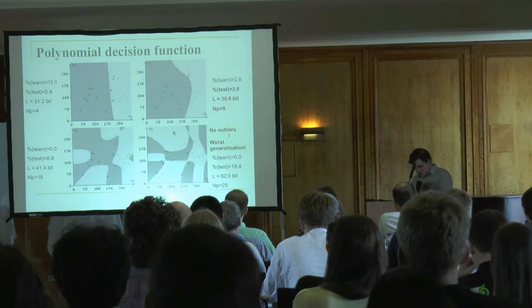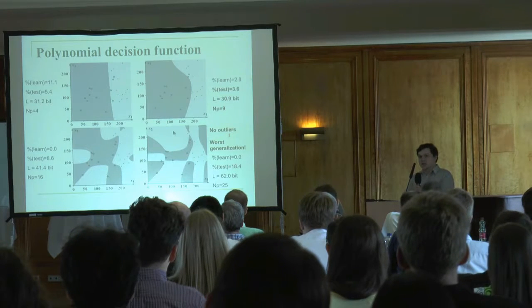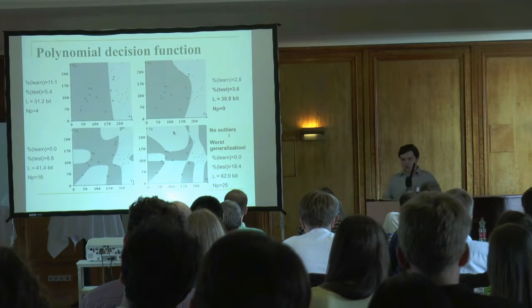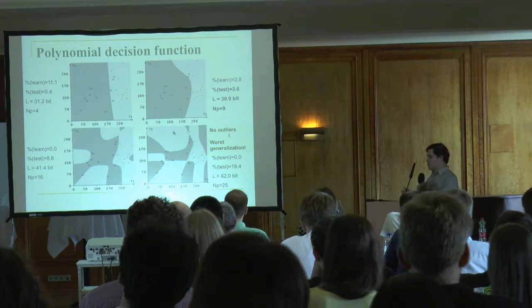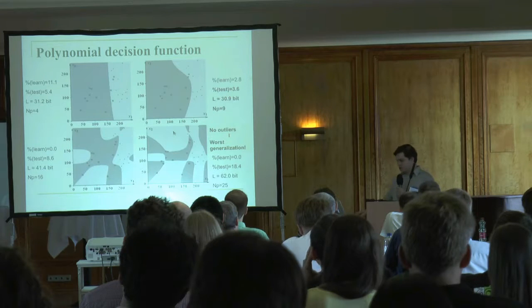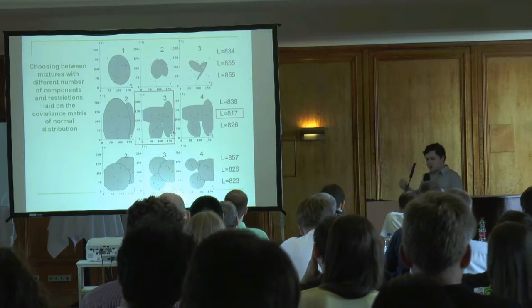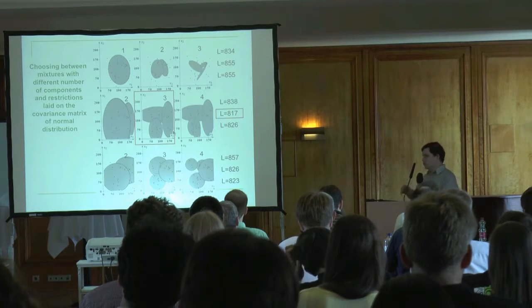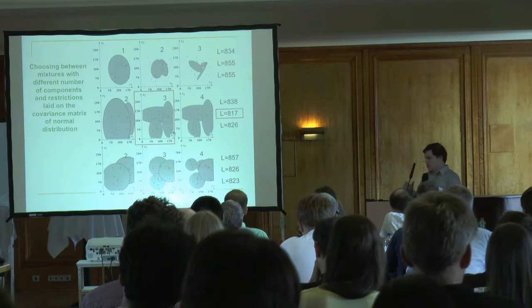We can look at machine learning pattern recognition methods which actually construct representations, and we can also apply the minimum description length principle there. For example, we can try to learn polynomial decision functions and to construct new features. We can try to solve the problem of clustering and choose the most appropriate number of clusters, and so on.